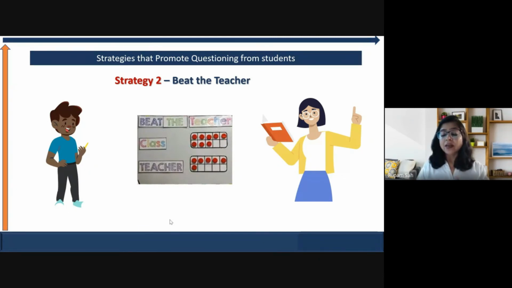Another thing, many a time this would happen inside your class, and how can you be a smart teacher? That is something which will come in my next strategy. But many a time some children come out with good questions, and frankly speaking, you don't know the answer to it. So what can you do? You can have in your class a chart paper on which it is written parking lot, right?